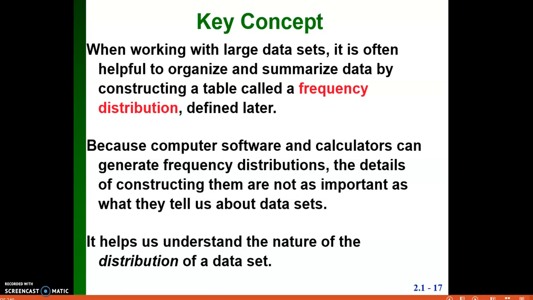Simply, if you have 100 or 200 data values, it's hard to organize them in a table. Instead, after you learn frequency distribution, we can put them into smaller rows. That means you can put them into class intervals, some range of data within the class. That's the way you can reduce a big data set into a small data set.